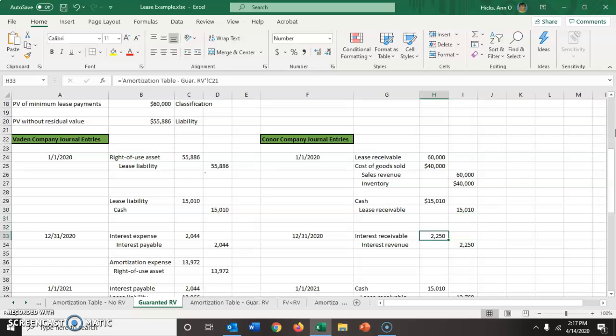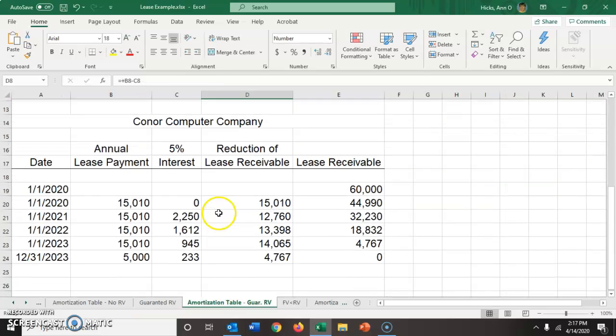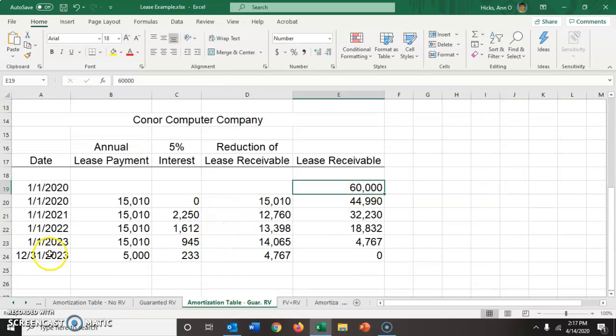And then at the end of the year, 12/31/2020, we will debit interest receivable and credit interest revenue. Again, that will come from our amortization table. Now, note the difference in the amortization table. The receivable for the lessor is going to be the full $60,000 because they will get that equipment back that will be worth $5,000.